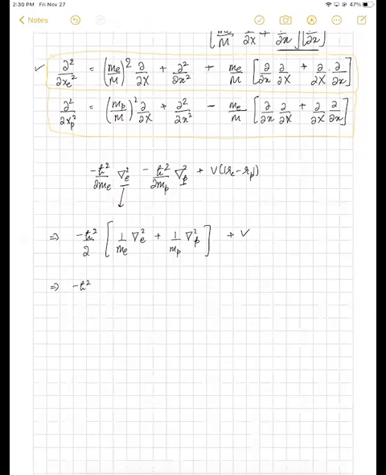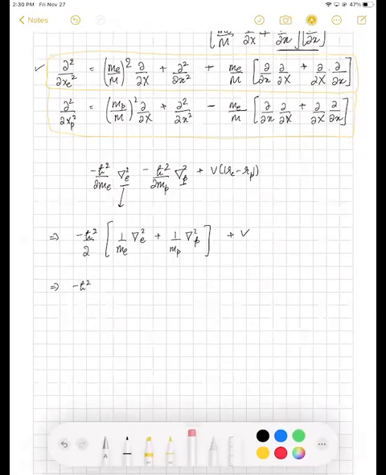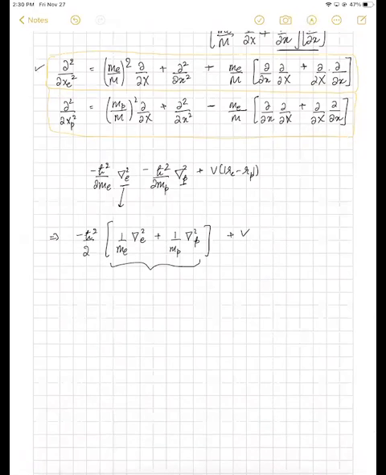Let's just talk about this part for a moment. So what we're now doing is dividing this by 1 by me, right? Then this by 1 by mp, and adding these two equations together.